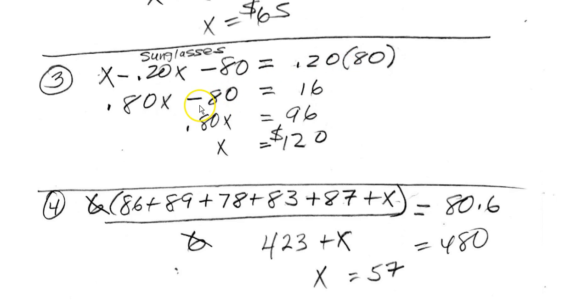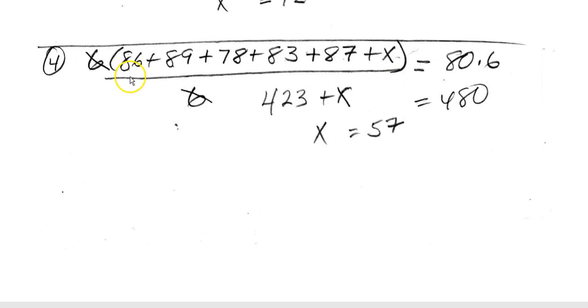Subtracted, well in this case added the 80 to both sides, got 96. Then I divided by 0.80, and I had the sales price of the glasses is $120. Again, this is very, very similar to the one we did of the ring.